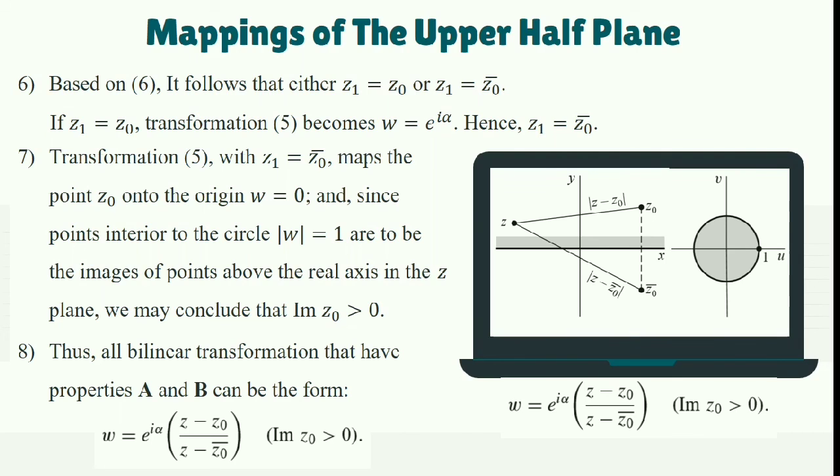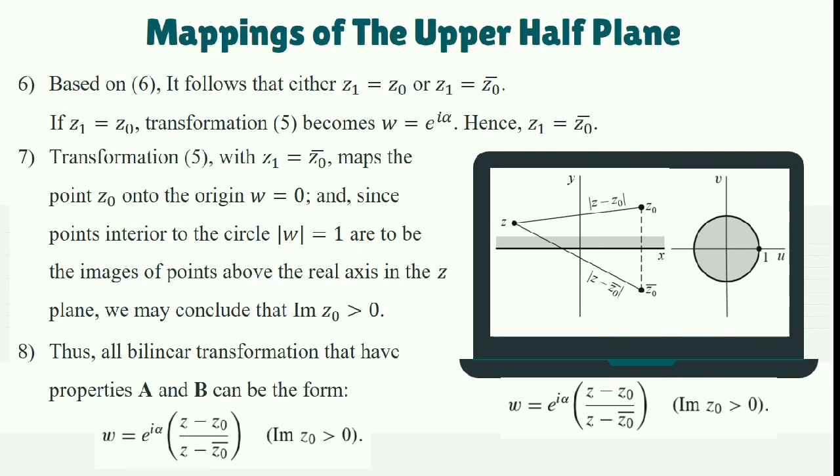The transformation 5 with z1 equal to the conjugate of z0 maps the point z0 onto the origin w equals 0, and since points interior to the circle |w| equals 1 are to be the images of points above the real axis in the z-plane, we may conclude that the imaginary part of z0 is positive.